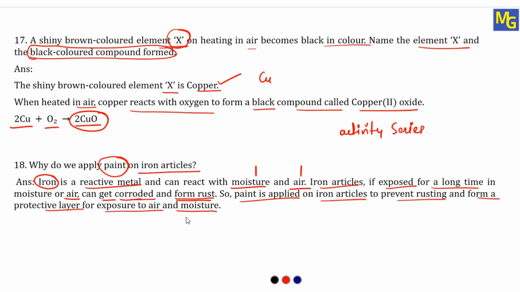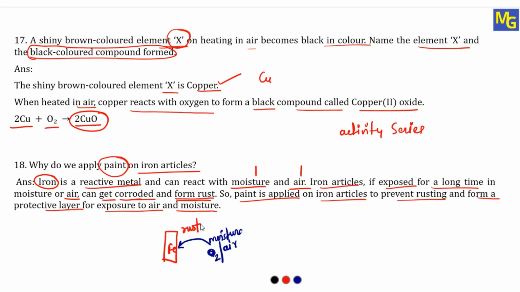So see here what happens if this is an article made up of iron, and here there is air or moisture, or from air, oxygen, O2. When this comes in contact with the iron article, then this iron will combine and it becomes rust.